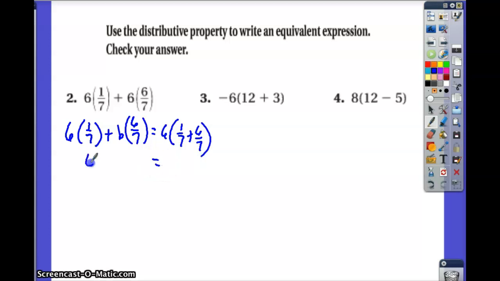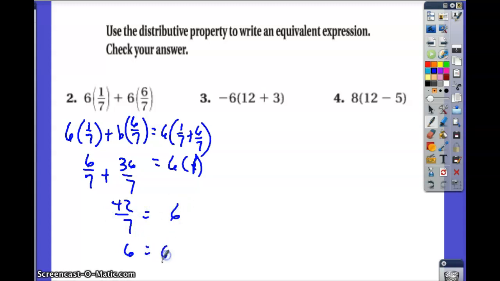Here on this side you get 6/7 plus 36/7, which is 42 over 7. And here 1/7 plus 6/7 is 7/7, or just 1, so it's the same as 6 times 1, which is just 6. 42 divided by 7 is 6, so 6 does equal 6, so it does check out.